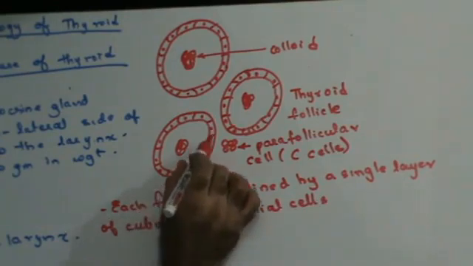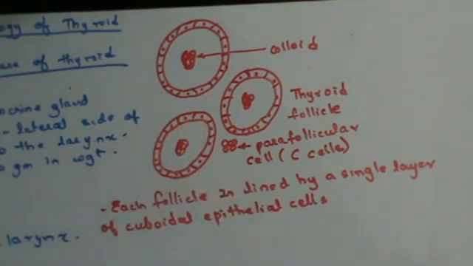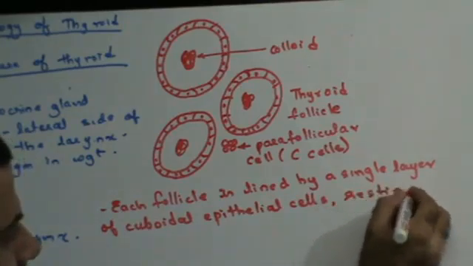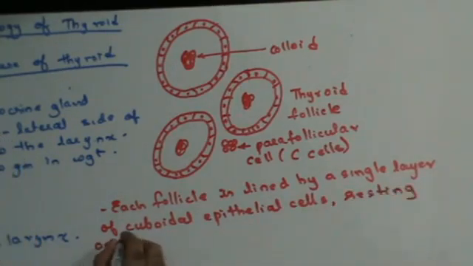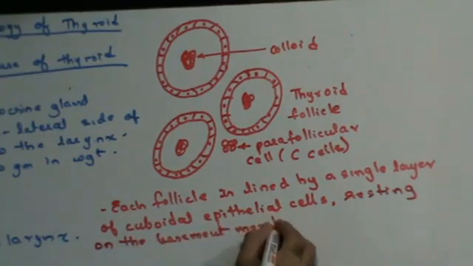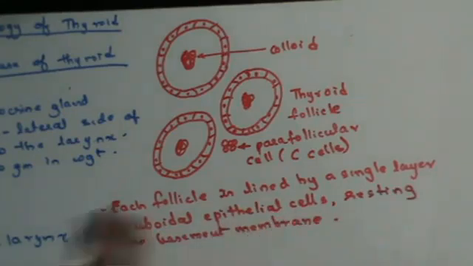So these are your cuboidal epithelial cells resting on the basement membrane. Right? So the outer covering cells are your cuboidal epithelial cells.